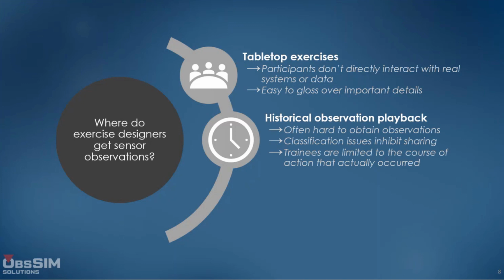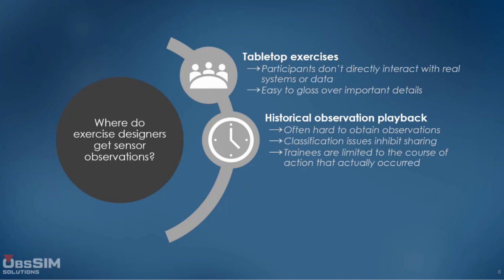It's often hard to obtain these data sets. So you may, as an exercise designer, have to go in and scour different systems and talk to different people. And if the data is not cataloged the way you need it, just getting it and filtering it from everything else is really difficult. Secondly, classification issues often arise.